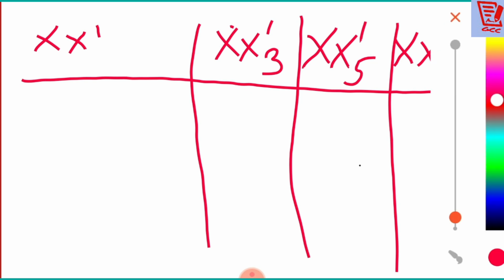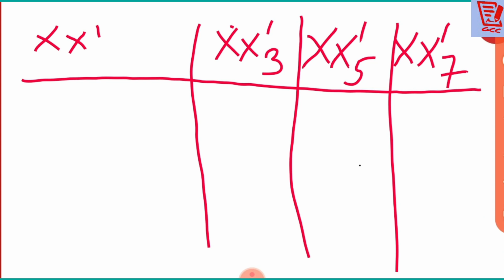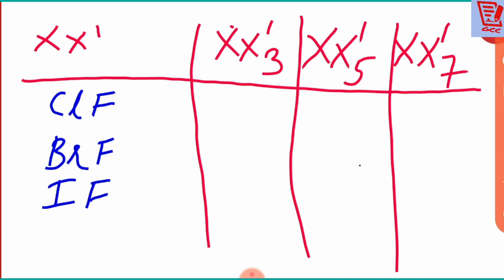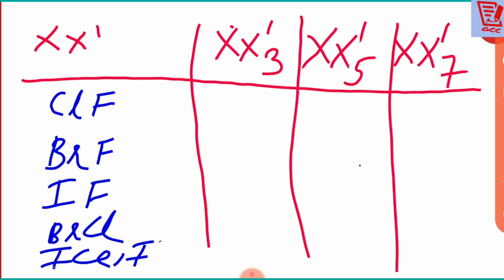Whenever we are talking about number 1, XX', we can take the example of ClF. Then in the same way we have BrF, IF, then BrCl, then ICl, and the last one is IBr.